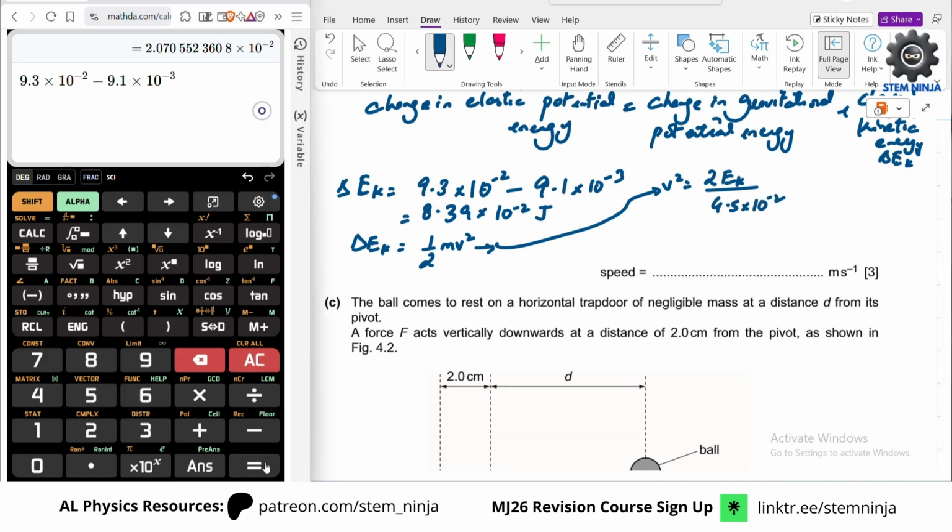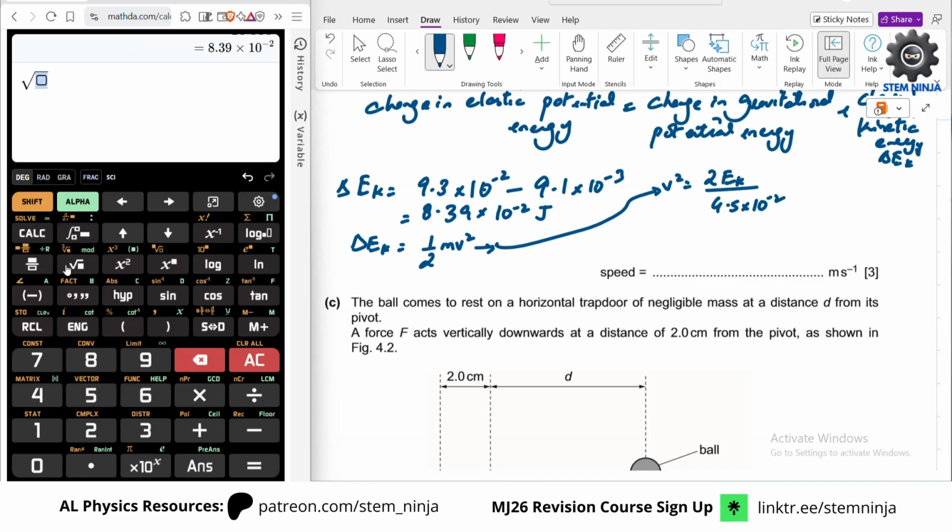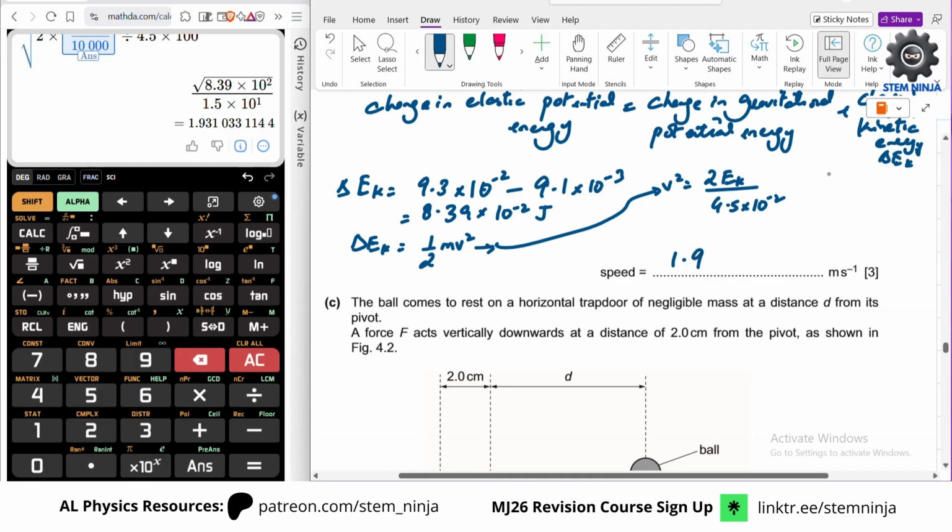So 2 times the answer divided by 4.5 times 10 raised to the power minus 2. So v would be 1.9. That's it.